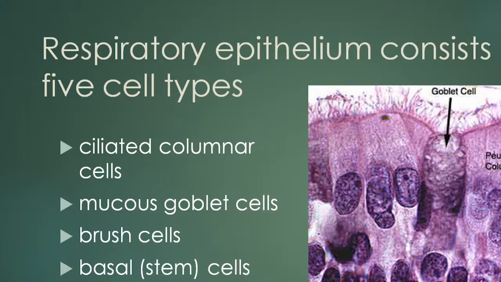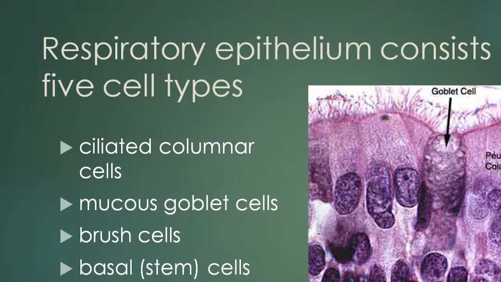The main cells are ciliated columnar cells, ciliated columnar epithelium. About 80–85% of all cells in respiratory epithelium are ciliated columnar cells.